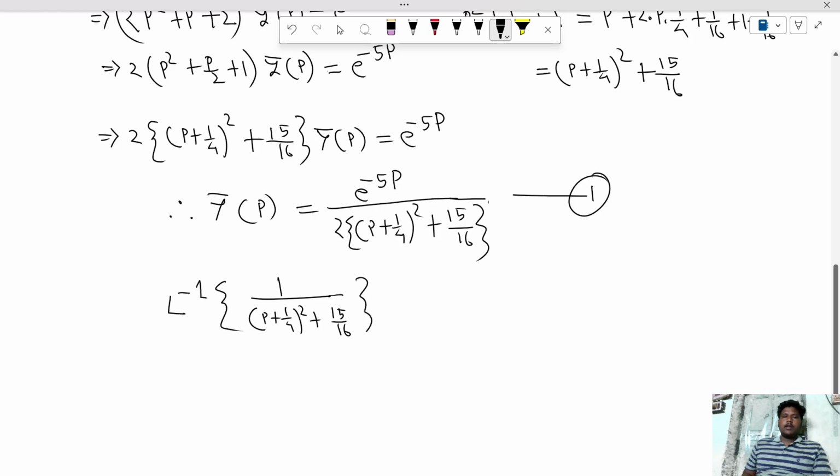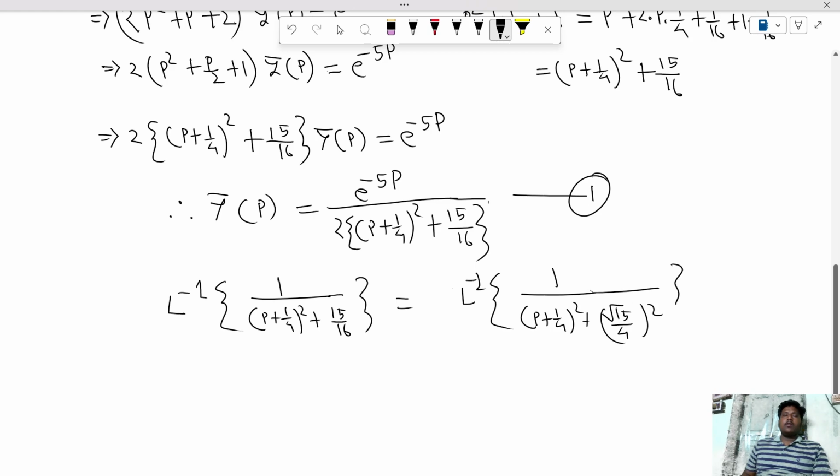So this can be written as L inverse of 1 by p plus of 1 by 4 whole square plus root 15 by 4 whole square.